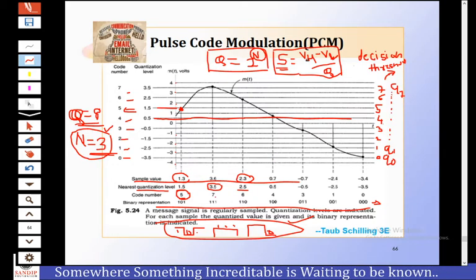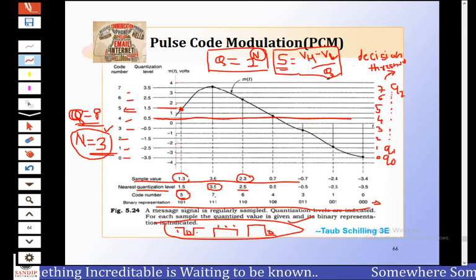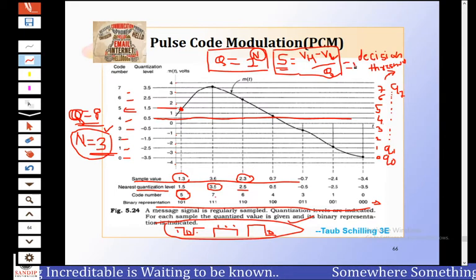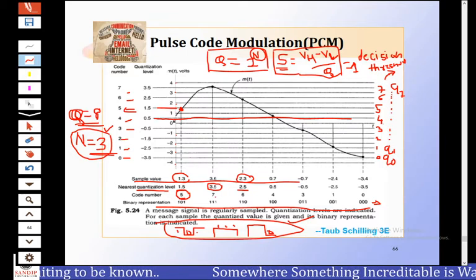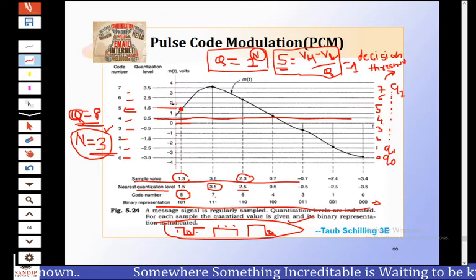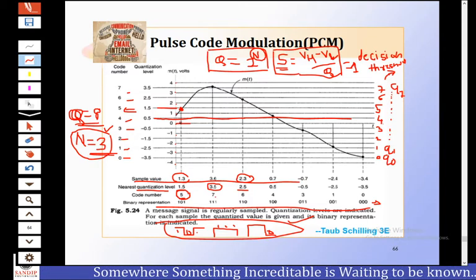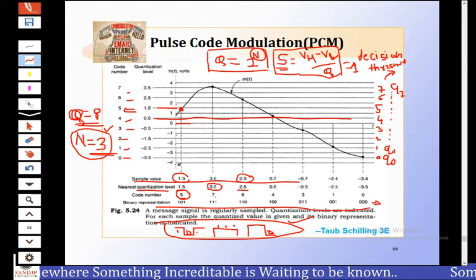Plus 4 is the high voltage level minus the low voltage level, that is -4: 4 minus of -4 is 8, divided by 8, equals 1. So this signal step size is 1. Here from 0 to 1, then 2, 3, 4. Similarly for the lower side, -1, -2, -3, -4.